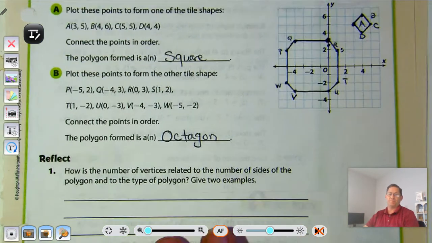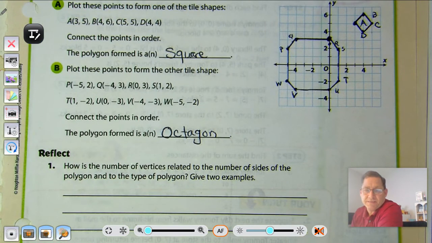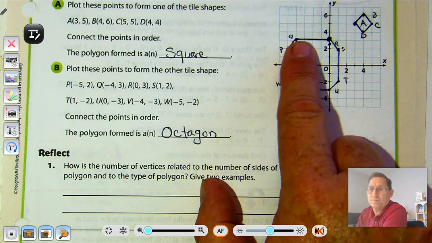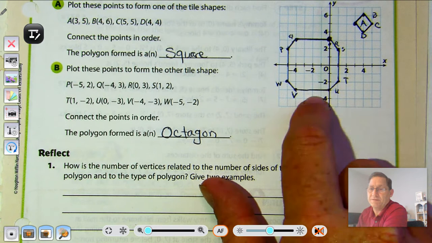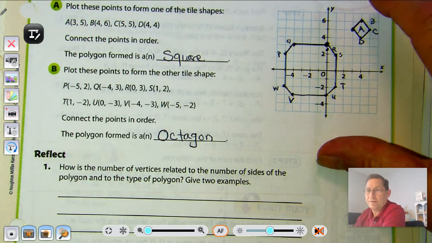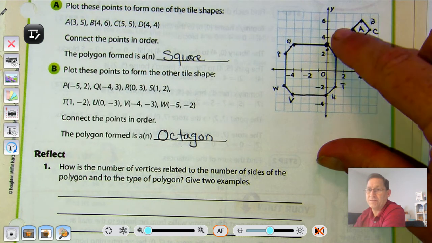All right, so how is the number of vertices related to the number of sides of the polygon and to the type of polygon? Well, you'll remember that the number of vertices equals the number of sides in a shape. So for instance, we have a quadrilateral here, a square, and it has 4 vertices.